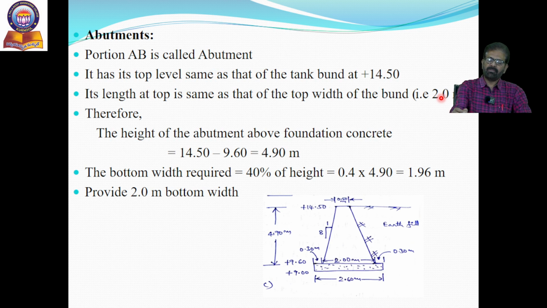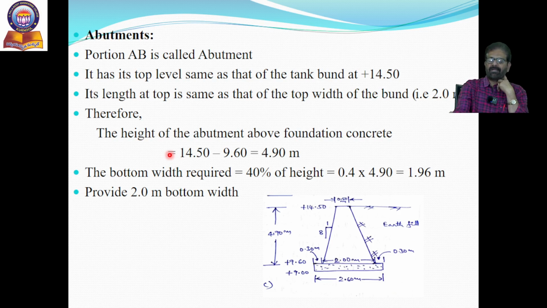Similar to the previous case like the weir wall, here also we need to design the abutment. That means we have to fix the dimensions of the abutment as length, height, top width and bottom width. These 4 dimensions we have to fix. So length is same as the width of the tank bund. Is it clear? Next dimension is height.